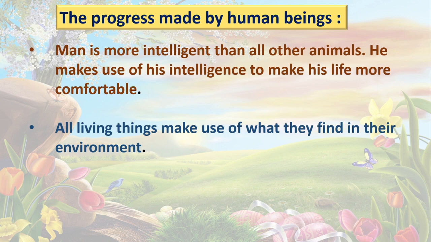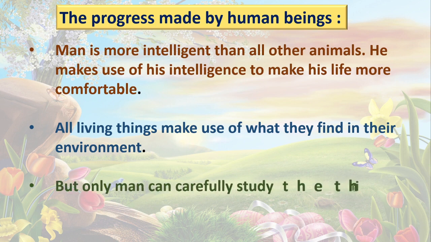For example, see here animals. They too use the things or the materials from the environment, but they use as it is. How they appear in the environment, directly they use that form, isn't it?